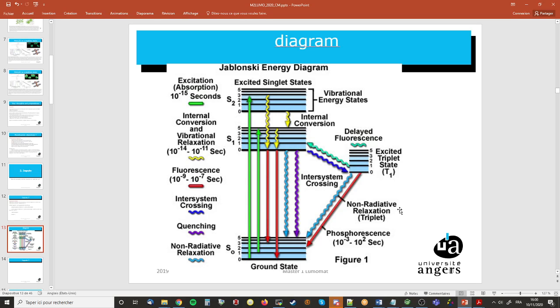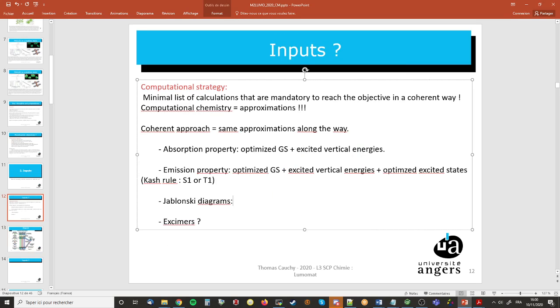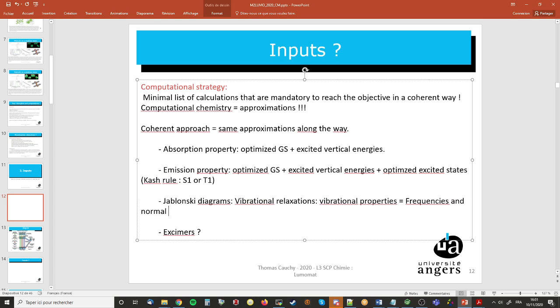So we need to compute the frequency and normal modes of your molecule.